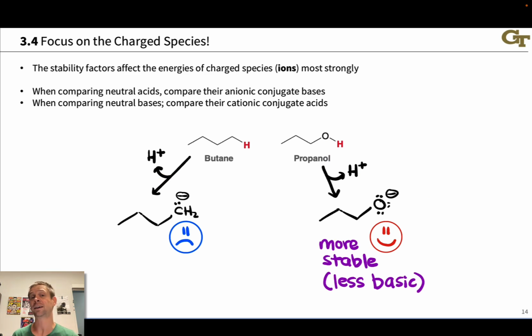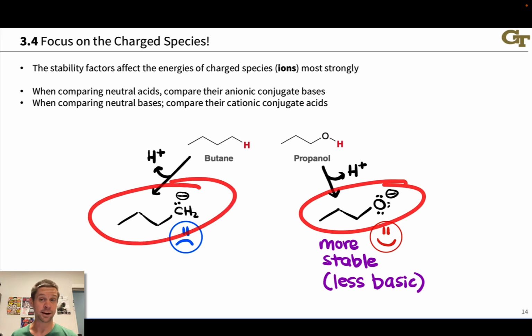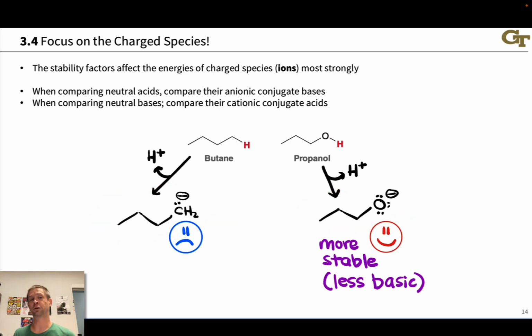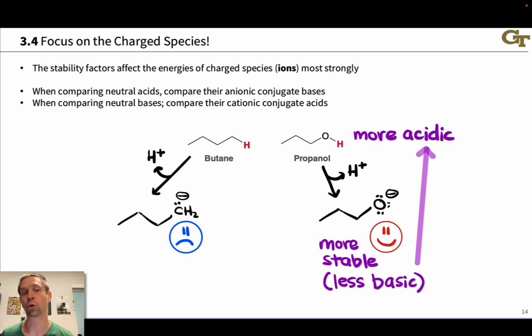Well, looking at the anions and thinking of those as bases, O- is going to be less basic than C-, right? Stability and reactivity are inversely correlated, and so O- being more stable will be less basic than C-. This makes the conjugate acid more acidic, and that's the conjugate seesaw in action, right? If a base is less basic, its conjugate acid is more acidic.